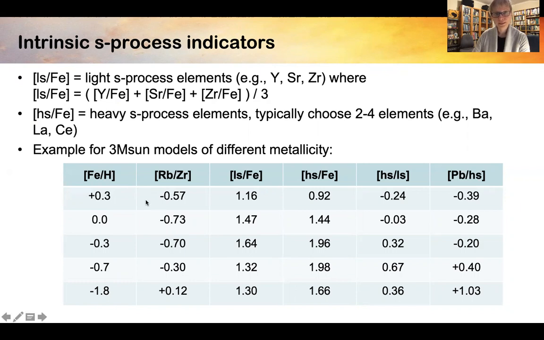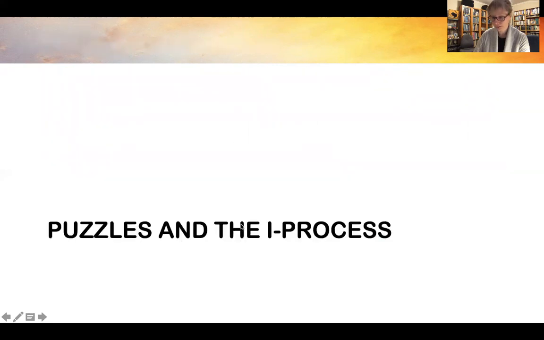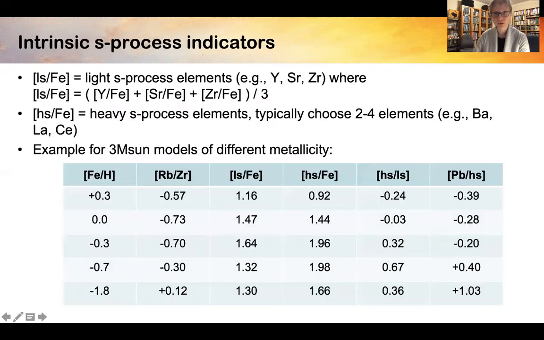Now, you can see that, for the same 3 solar mass model, if we look at LS over HS, this goes up initially before going down. By the time I get to HS, you notice this only essentially goes up until I get to the lowest metallicity.